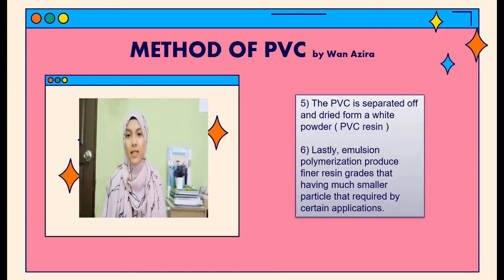The PVC is separated off and dried to form a white powder, also known as PVC resin. Lastly, emulsion polymerization produces finer resin grades that have much smaller particles, which are required by certain applications.